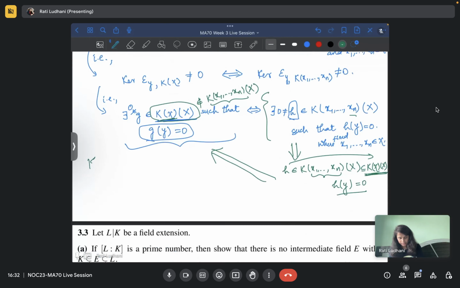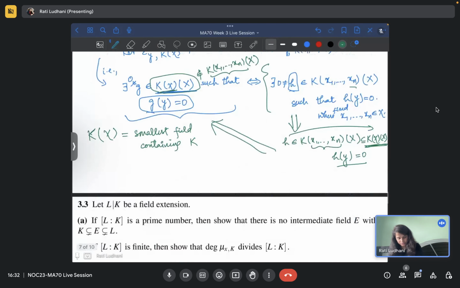So K chi is the smallest subfield of L containing K and chi.